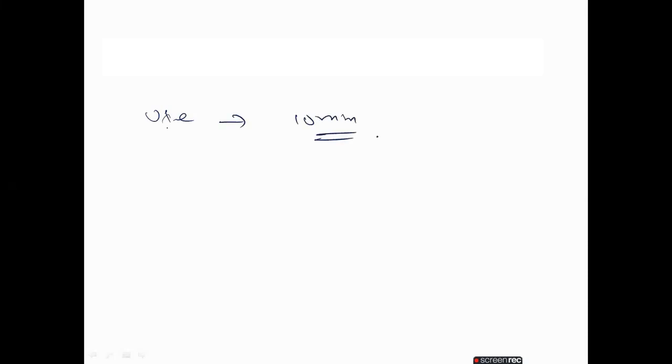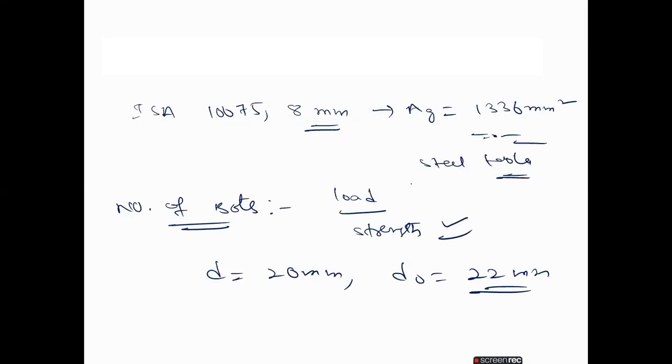Now we have to calculate the design shear strength of the bolt. The load we already know from the problem, but we don't have the strength. In the previous problem on bolted connection, we calculated the design shear strength of the bolt as well as the bearing strength of the bolt.